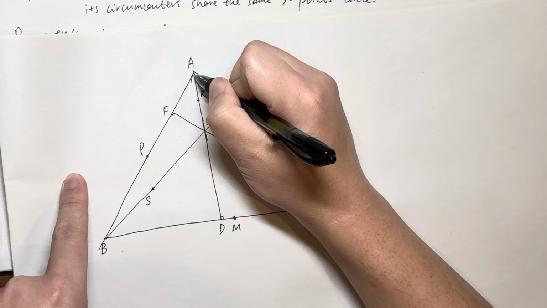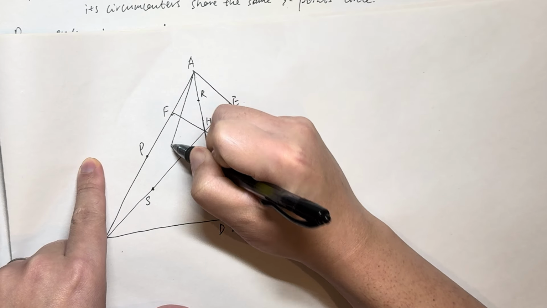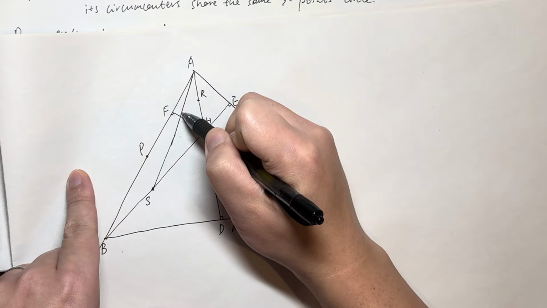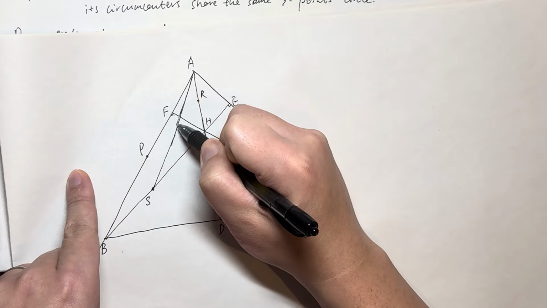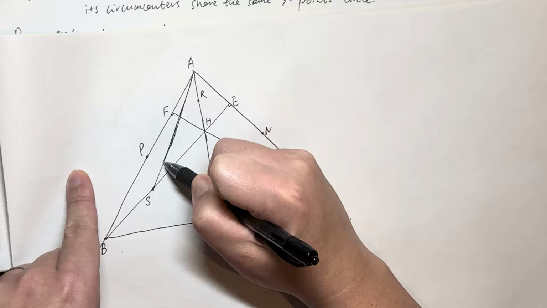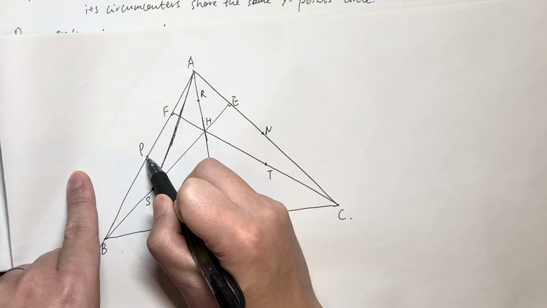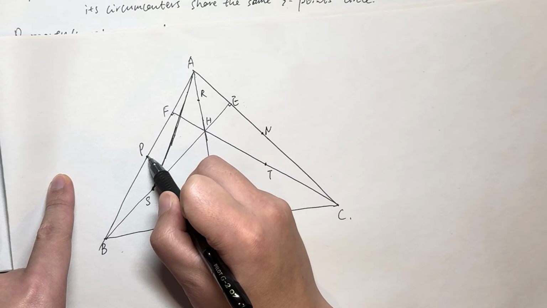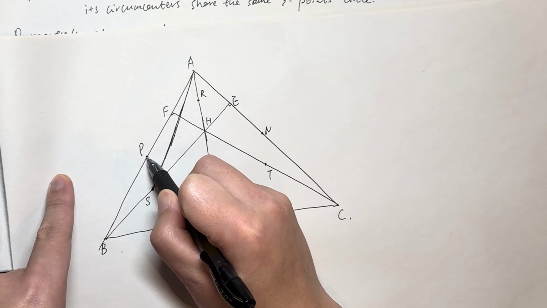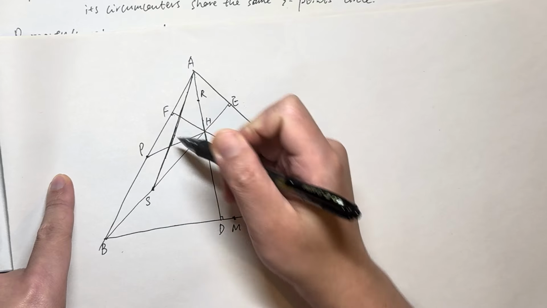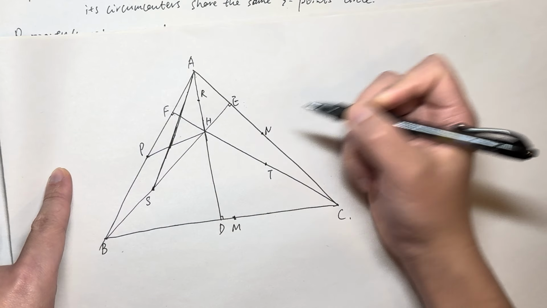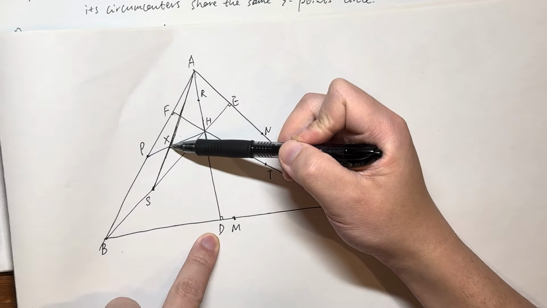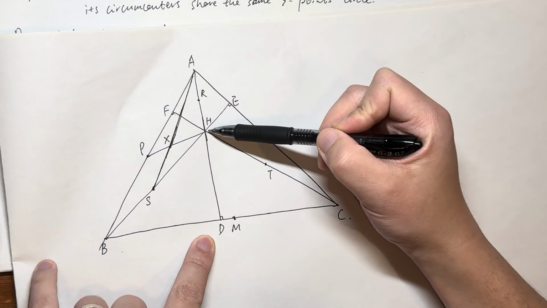So we connect AS, right, we connect AS, and we connect BR or HP. So that's a point, let's call it X. So X is the centroid of the triangle ABH.